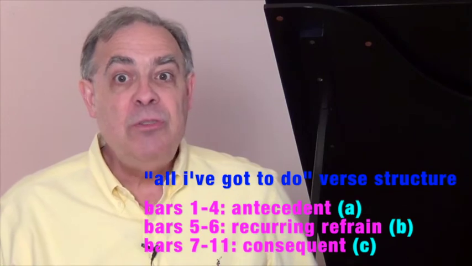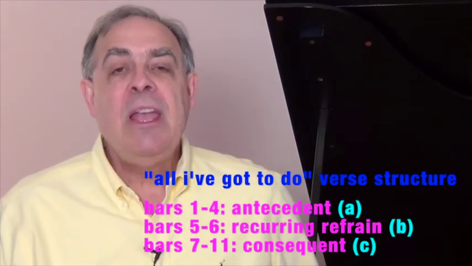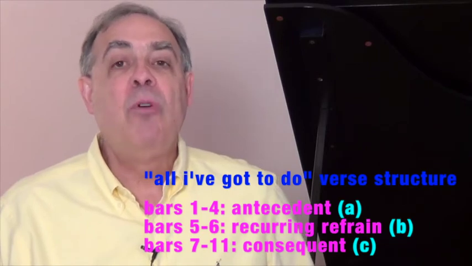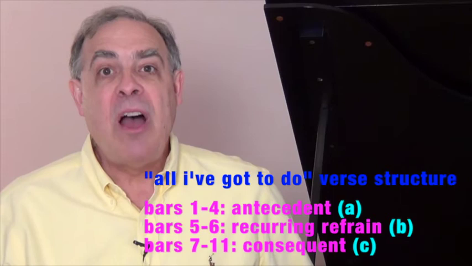We mentioned before that if a refrain is present, it usually concludes the verse. "All I've Got to Do" is unusual in its title appearing in the middle of the verse, each one of which follows a 4-bar antecedent with a 2-bar refrain, and then a 5-bar consequent.